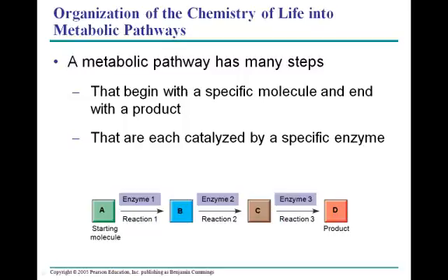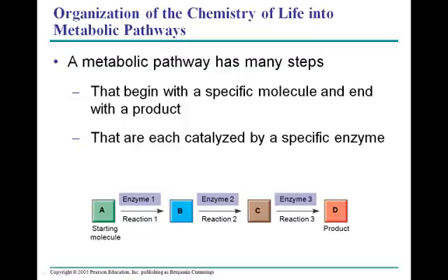A metabolic pathway has many different steps. Not only do these different pathways interact with one another, but they're also complex in that they tend to not be one-step reactions.